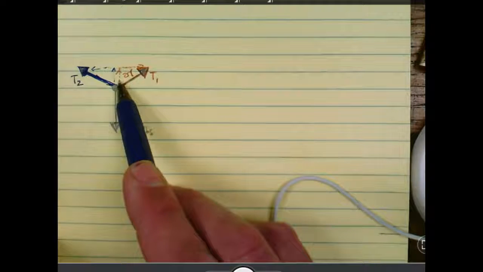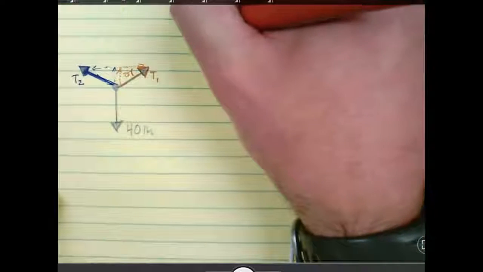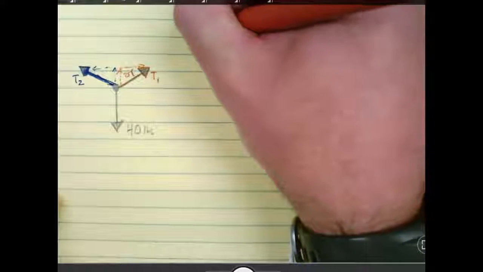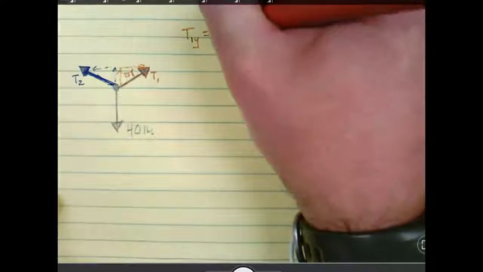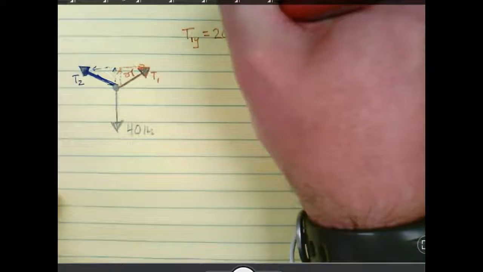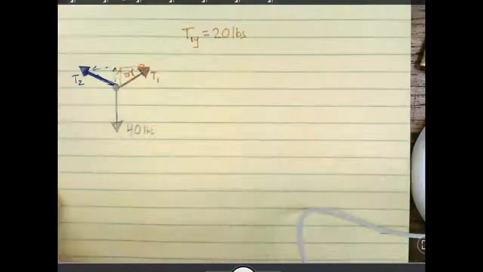Since these angles are the same, we can assume that each of these Y components is supporting half of the weight, which in our case is 40 pounds, so half of that would be 20. So T1 in the Y dimension is supporting 20 pounds.